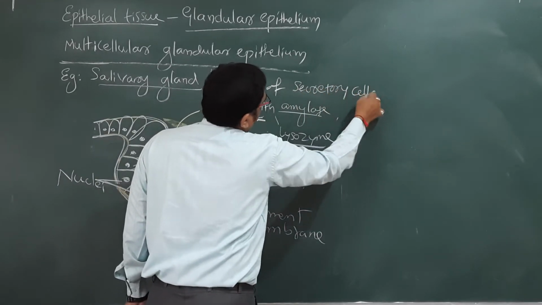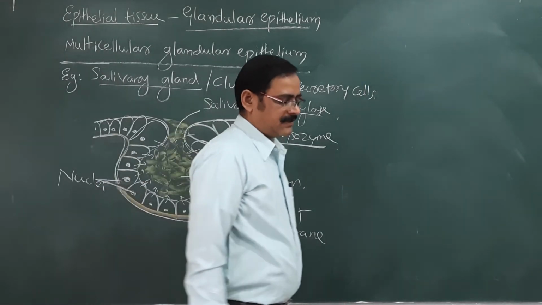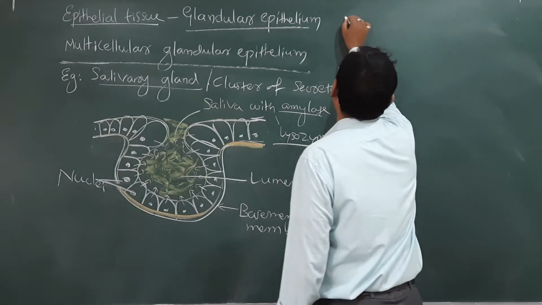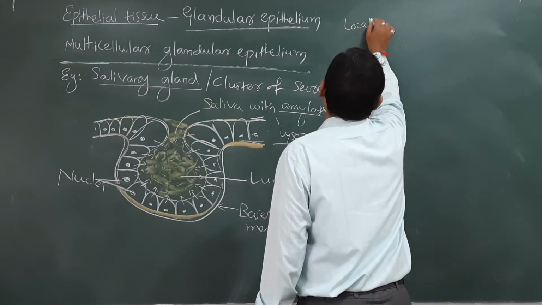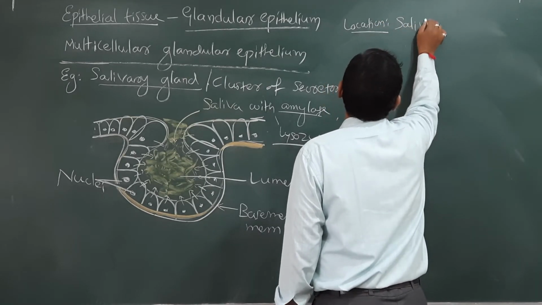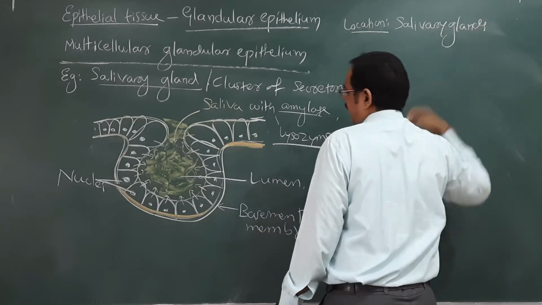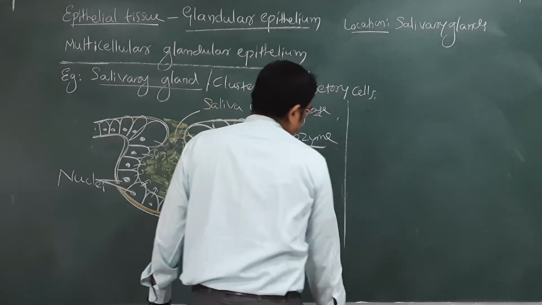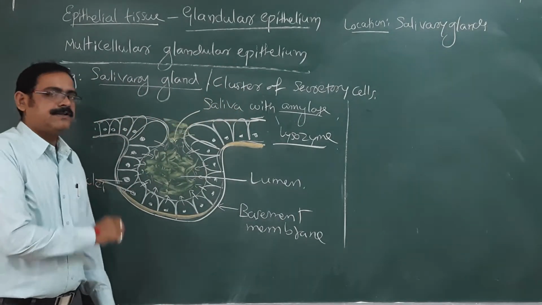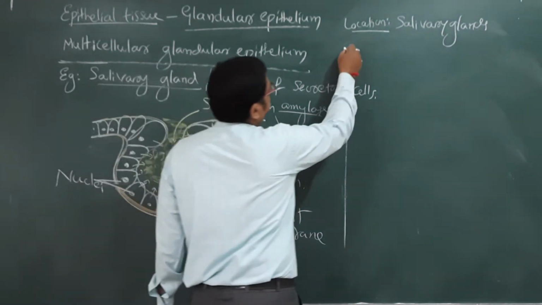They are clusters of secretory cells, and as such, what is the location? Yes, mainly they are the salivary glands. And then what is the major role or the function of these salivary glands? We need to understand as such. The functions, let me tell you.